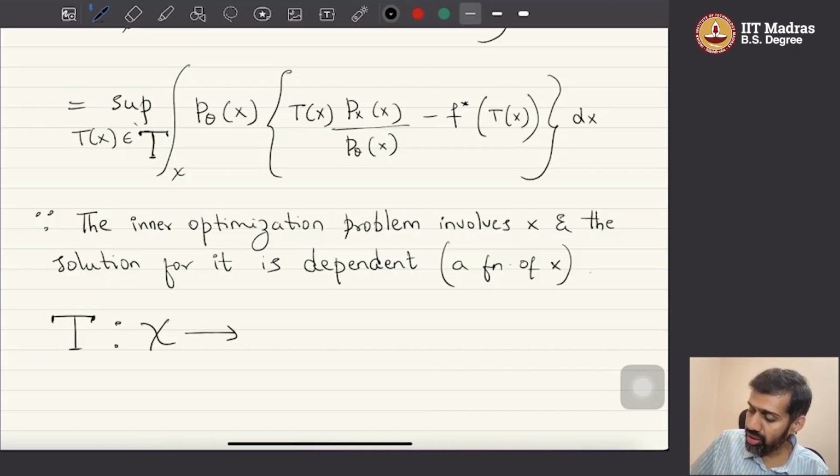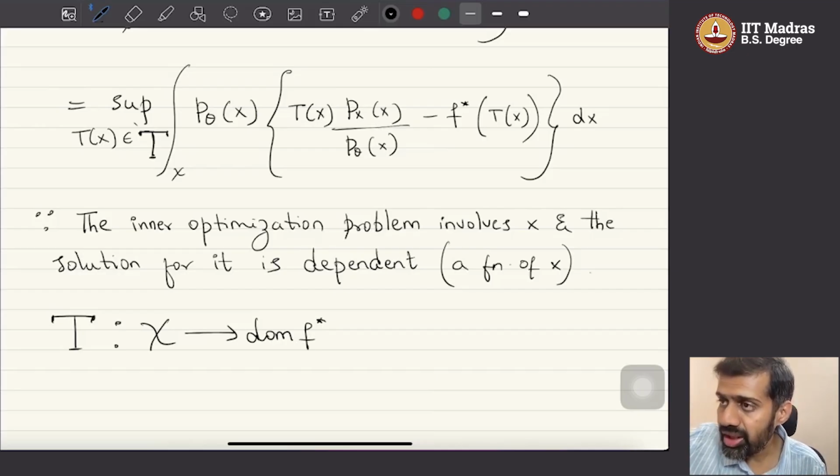So this should be from x to domain of s star, because the t, I mean small t, was a variable that we were using to represent domain of s star, right. What is this?